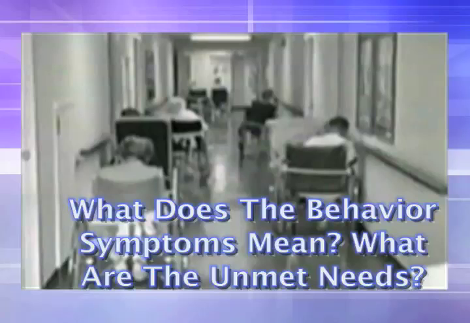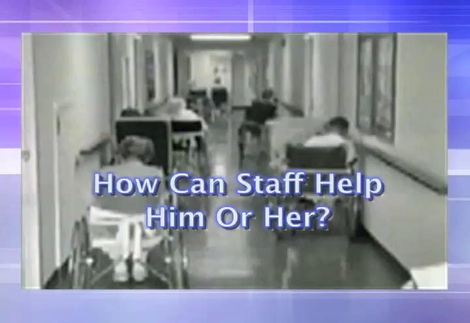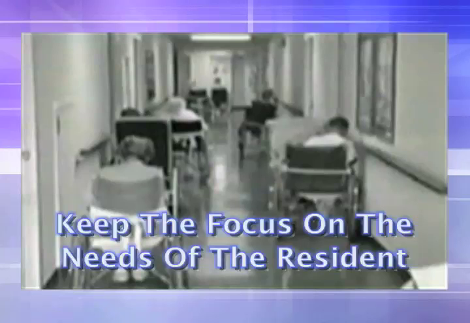What are the unmet needs? And how can staff help him or her? Use why, when, where, and how questions to help staff think of as many reasons for the behavior as possible. Keep the focus on the needs of the resident.